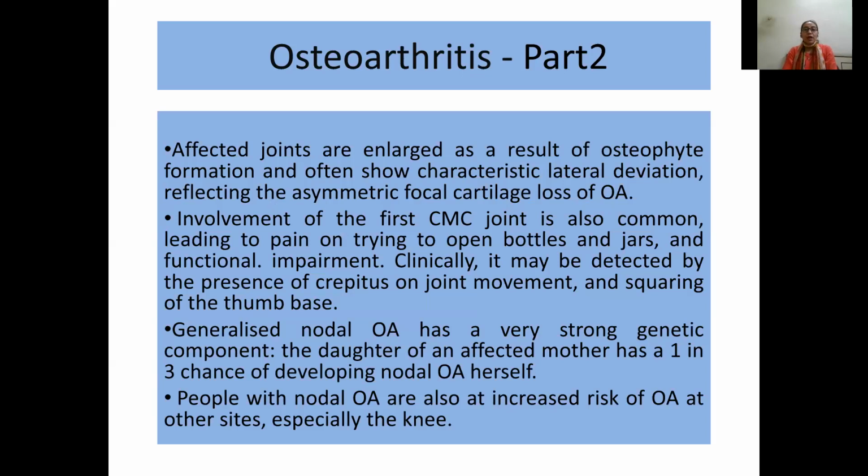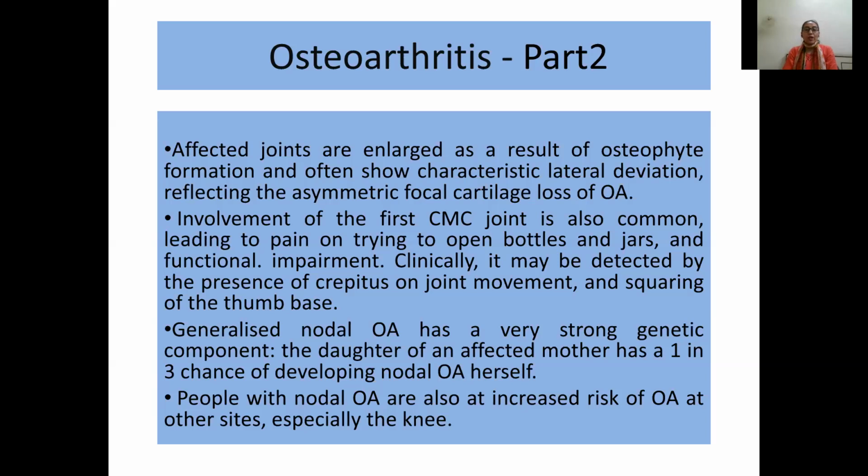Involvement of the first carpometacarpal joint is also common, leading to pain on trying to open bottles and jars and functional impairment. Clinically, it may be detected by crepitus on joint movement and squaring of the thumb base. So this shows the squaring of the thumb base, which is the swelling of the first carpometacarpal joint.